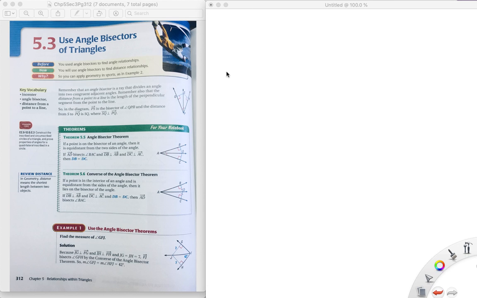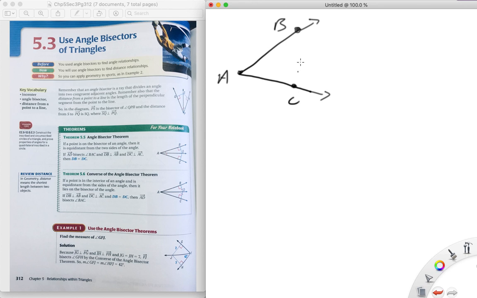is that if I have an angle, let's call it BAC, and I have some ray that goes through angle BAC such that it cuts it in half as best as it can, of course.